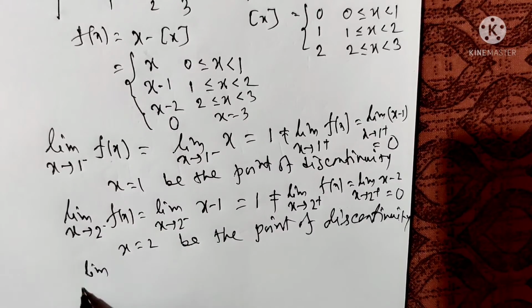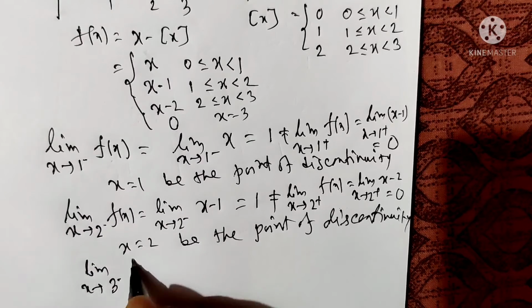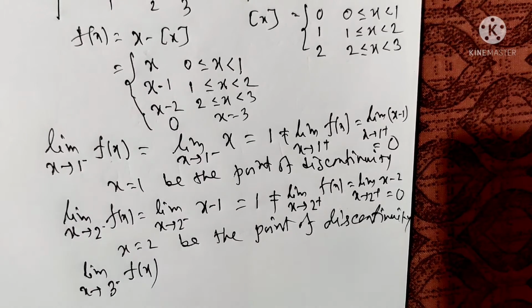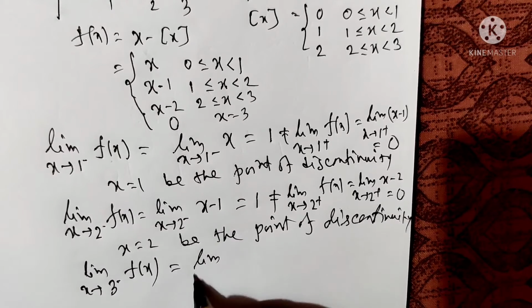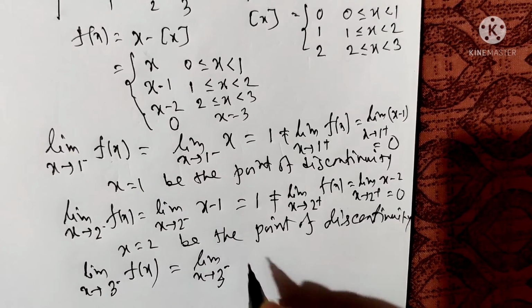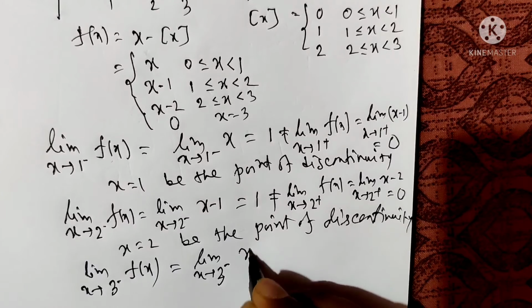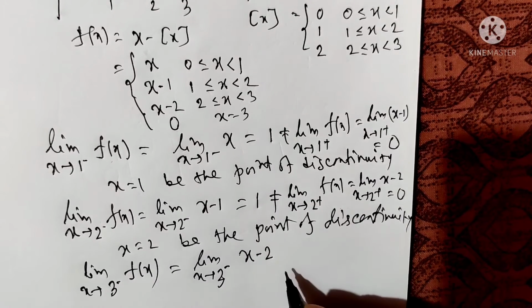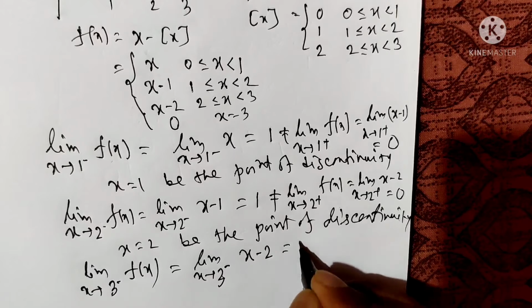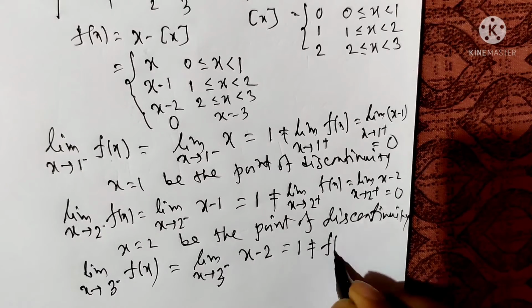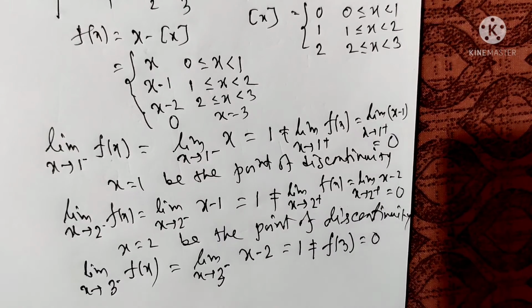Limit x tends to 3 minus f(x), what is the value of this? This equals limit x tends to 3 minus of x minus 2, that equals 1, not equal to f(3) because this equals 0.